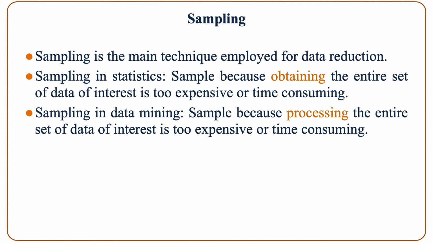Sampling is the main technique employed for data reduction. It is often used for both the preliminary investigation of the data and the final data analysis. Statisticians often sample because obtaining the entire set of data is too expensive or time-consuming. Sampling is typically used in data mining because processing the entire set of data is too expensive or time-consuming.